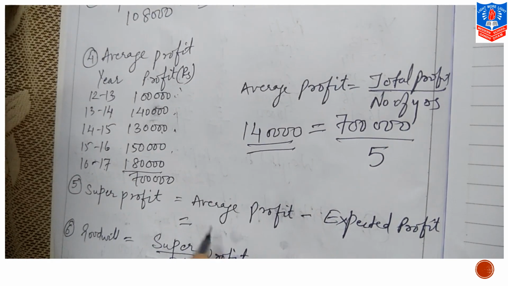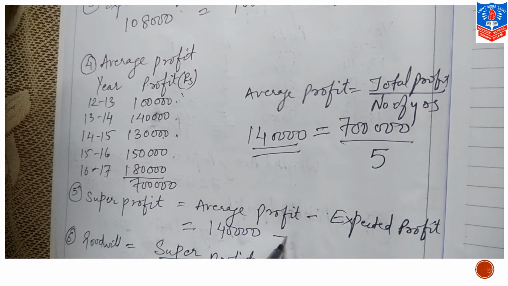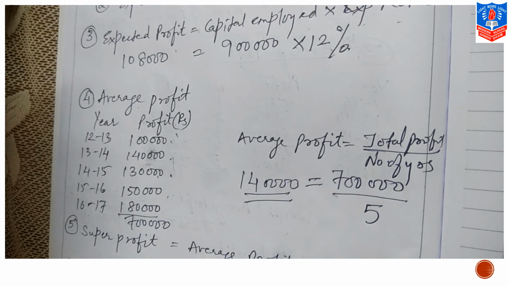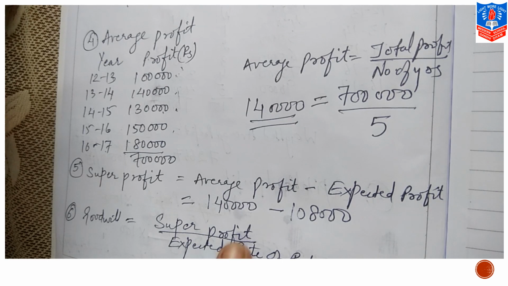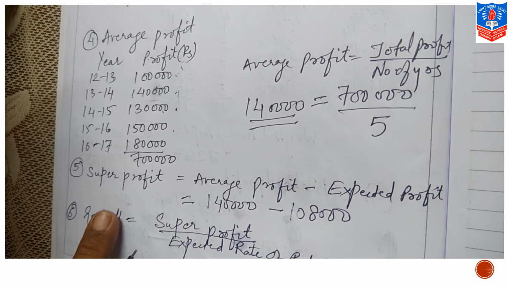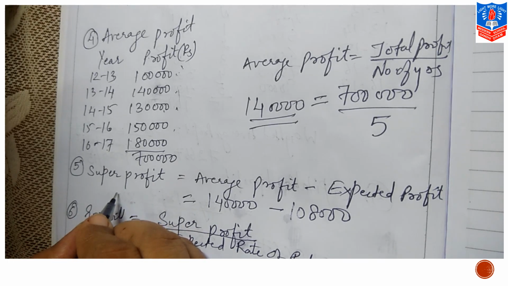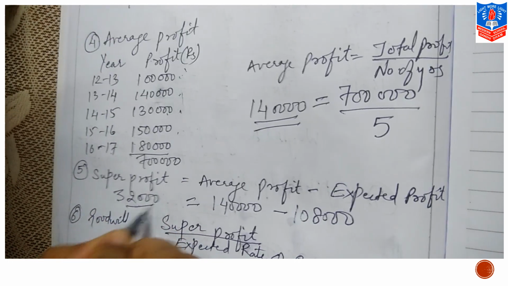Now step number 5, super profit. Average profit we just now calculated. Expected profit 1,08,000 we earlier calculated. So average profit minus expected profit gives you super profit, that is 32,000 rupees.